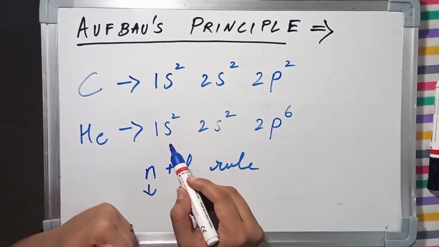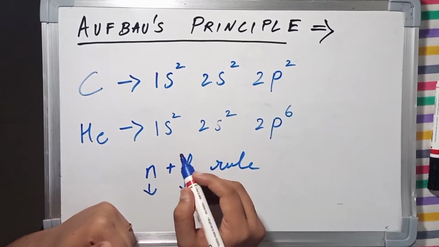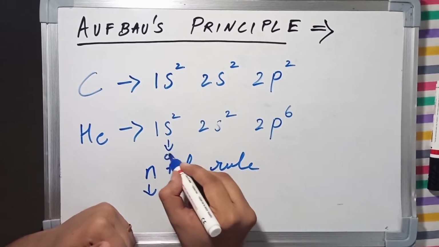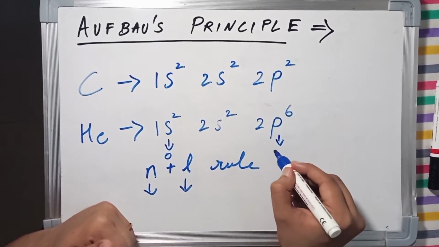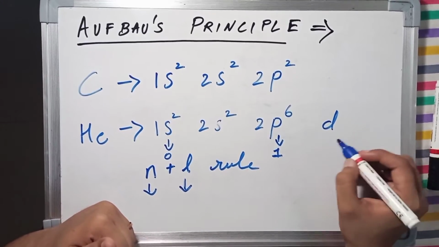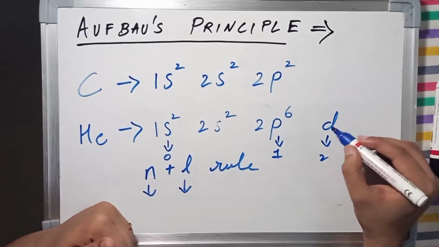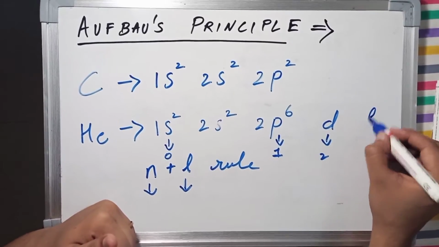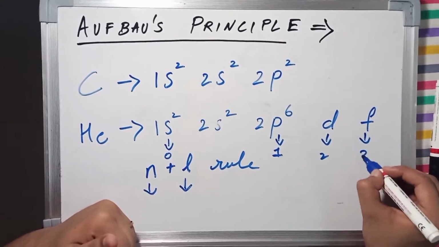For example, the value of s is 0, the value of p is 1, the value of a d orbital is 2. We have read s, p, d. Now f has a value of 3.